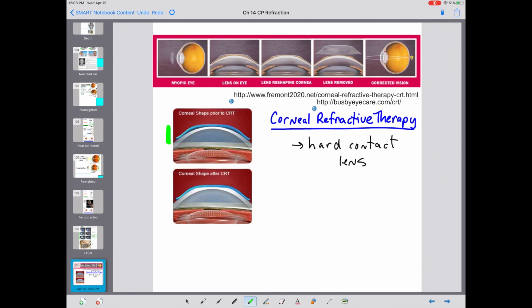So on the diagram right here, look at the blue lens, and there is a little bit of a gap between that contact and the outer layer of the cornea. The next morning, the cornea will adhere to that lens and it will change shape and fill in those gaps. So my wife would put these in before she went to bed at night.